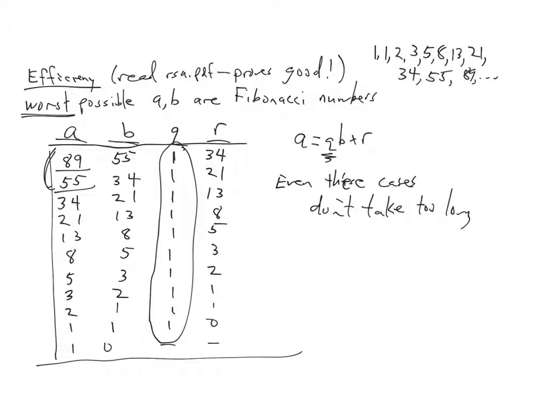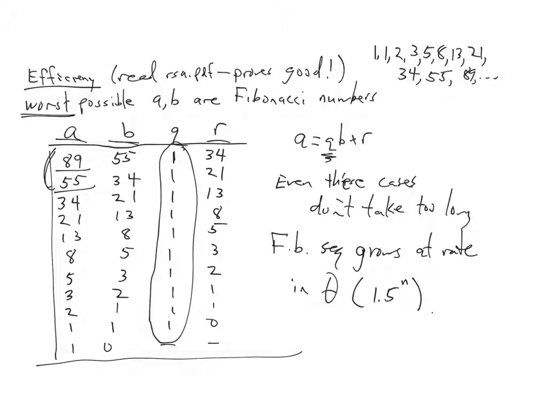And the reason for that is the Fibonacci sequence grows at a rate in theta of about 1.5 to the n. So the Fibonacci numbers grow exponentially, so you can get really huge Fibonacci numbers.